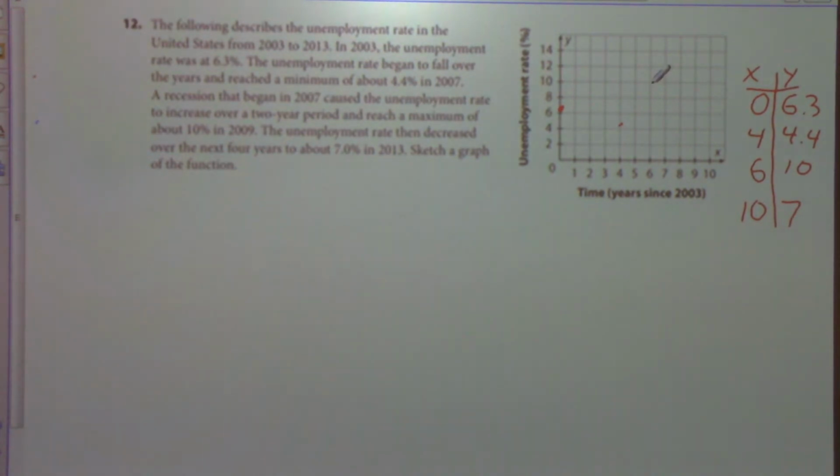We went up to 10 here. And then 10 is 7, so 10 is 7 right here. And so these are the points. And if you wanted to just, you don't know exactly what it did, but something like this, right?